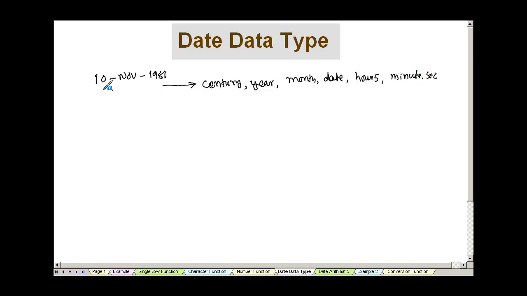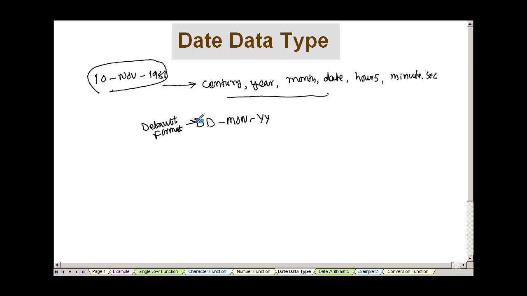So it will show you in this way, but it will store in that way. And then the default format is called DD-MON-YY. So that is the reason why you are seeing the data as 17 November 81. This is the default format.